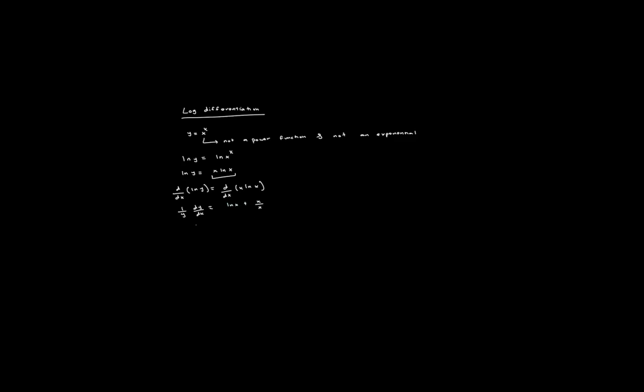And then dy over dx is simply y times (ln x plus 1). And then we know that y is equal to x to the power of x. So now our final answer, let me write it over here. Our final answer is dy over dx is equal to x to the power of x times (ln x plus 1).